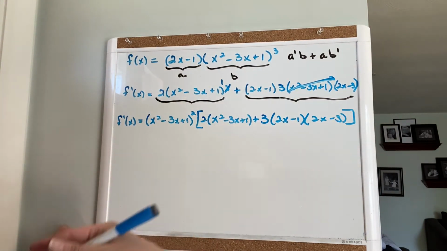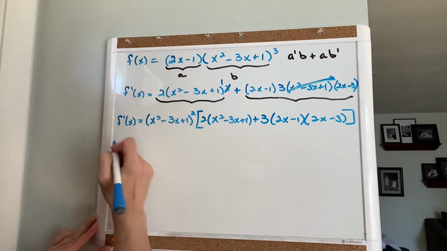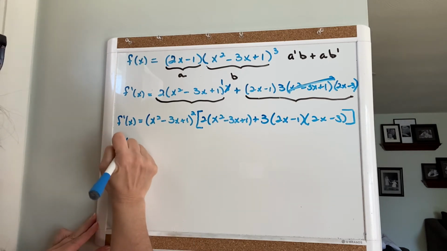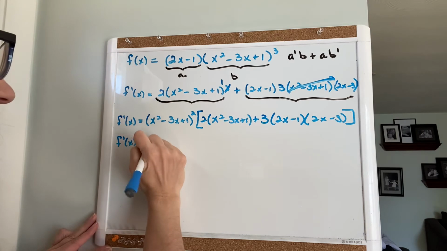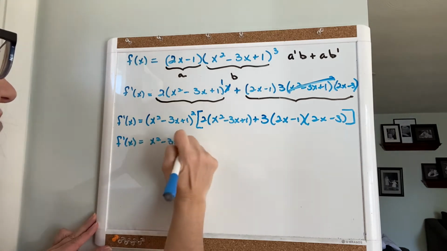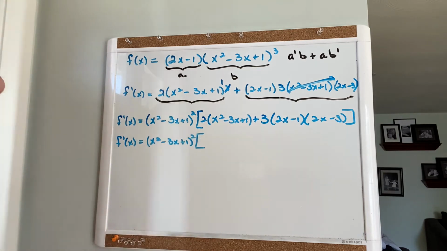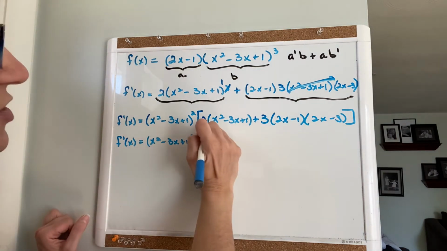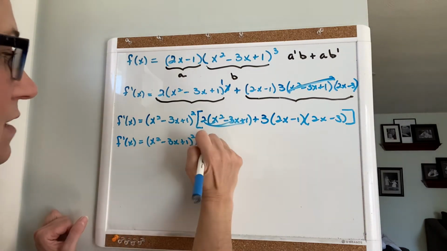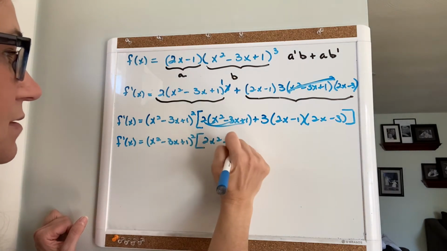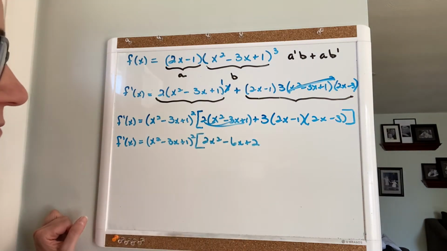So now we're back to just cleaning things up a little. So f prime of x, our first derivative, is going to be x squared minus 3x plus 1 squared, and I'm going to keep the brackets for now. I'm going to distribute the 2 through. So 2x squared minus 6x plus 2.